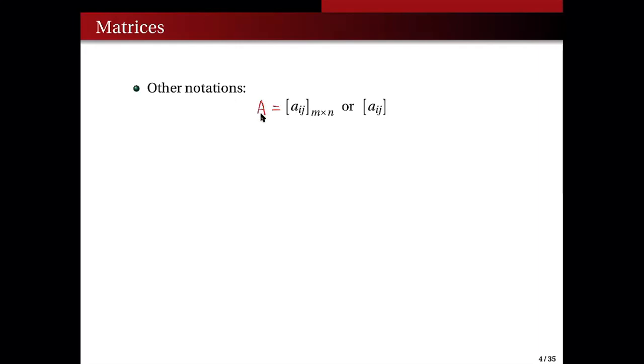One is uppercase, that's for the name. The lowercase is for the entries. And if we know the size, or if we don't really care about the size, then we can just remove this m by n. So we simply write this, square bracket aij.